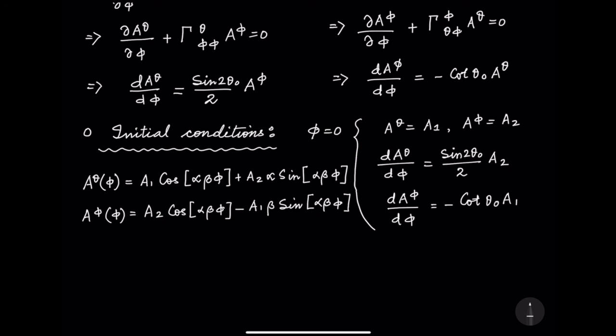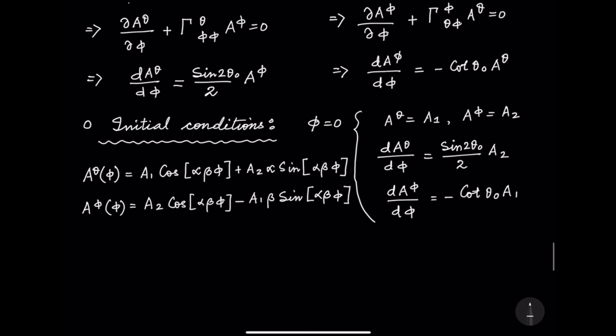You have actually already seen these solutions in a context which is quite related to what we are doing here, but I will not tell you. You have to figure out where you have seen these before. These are the solutions where alpha is sine 2 theta naught by 2 and beta is cot theta naught.